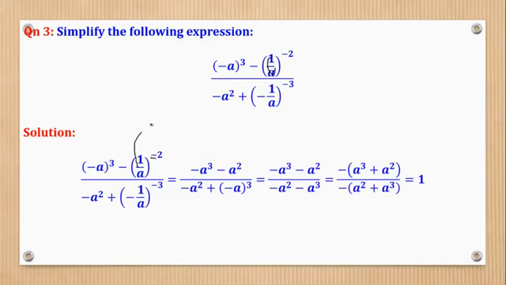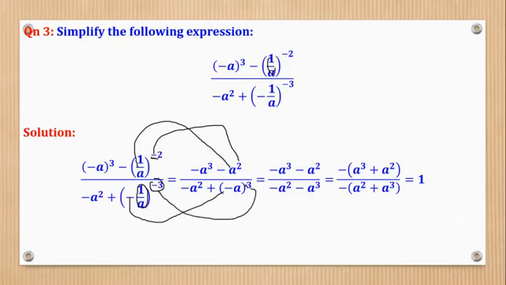When I get the reciprocal, it becomes a over 1, which is the same as a, and the sign changes. See, it was negative, so it becomes positive. Same applies to this. The negative is maintained, so it doesn't change. But getting the reciprocal changes the sign on the power. That is why you see here the power is now positive 3.